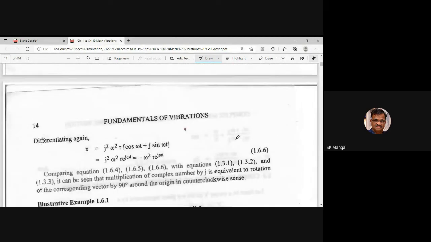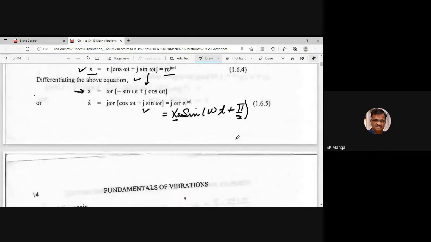Similarly, if I make one more derivative of this with respect to t, you get this equation, and you can take this j out here. It becomes simply minus 1. It means if you multiply the vector by minus 1, then it is equivalent to rotation of the same vector by 180 degrees.